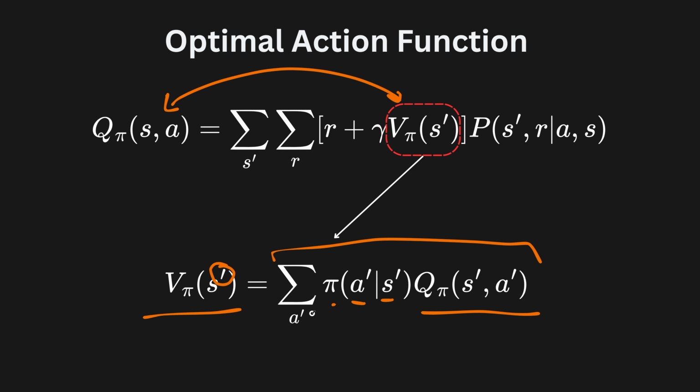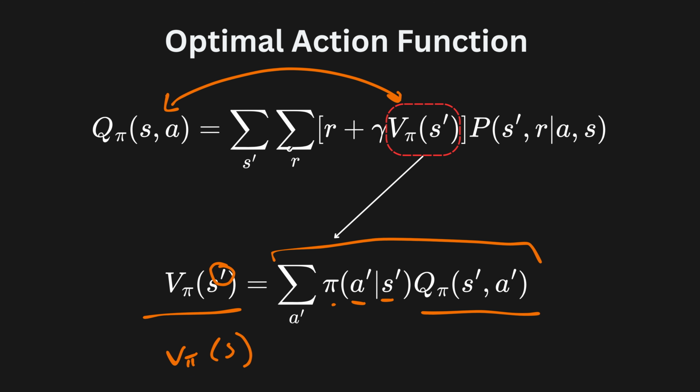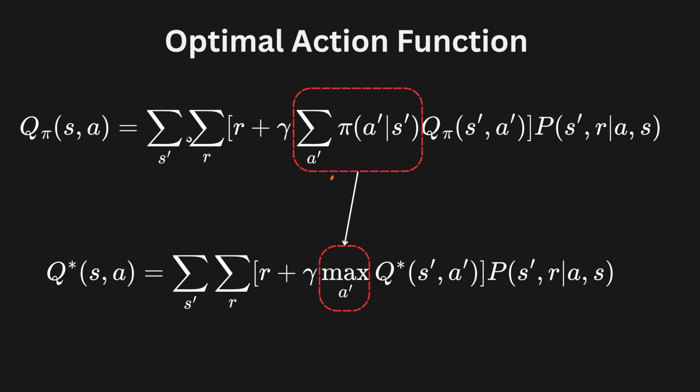These two are exactly the same thing. It's just when we had done it earlier, we did it just for V pi S, but now we have an S prime as well, kind of added on. And so that gives us this, right? We're just going to take that expression and plug it in. So this whole thing here was V pi S prime, right? So that's what that whole thing was.